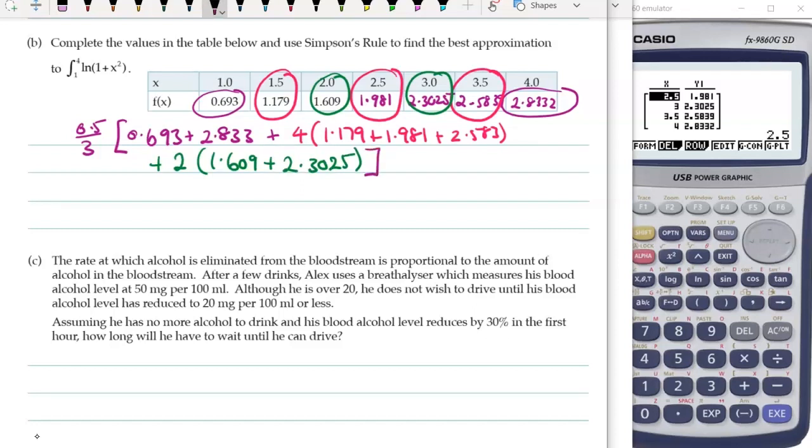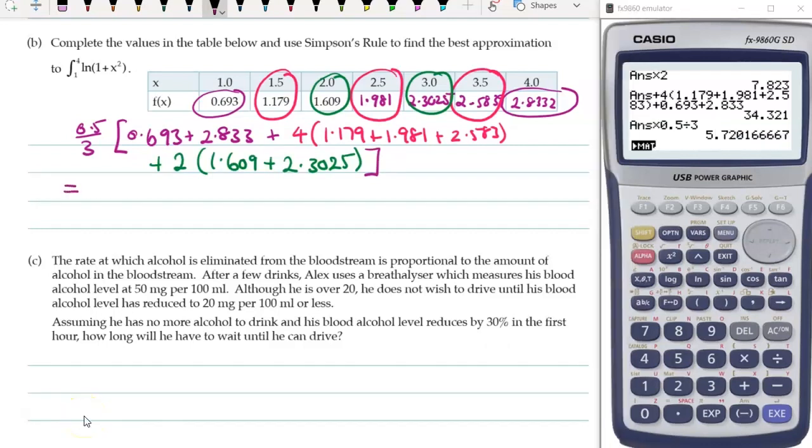And I'm going to pause while I pop that in the calculator because it's going to take a bit of time. And it comes to 5.72.